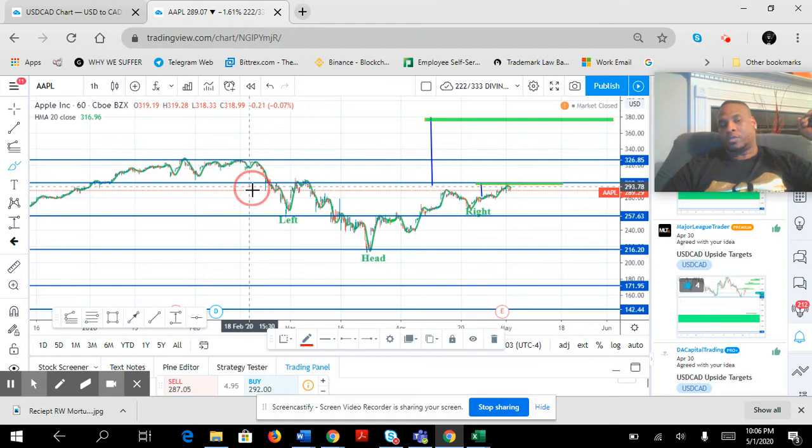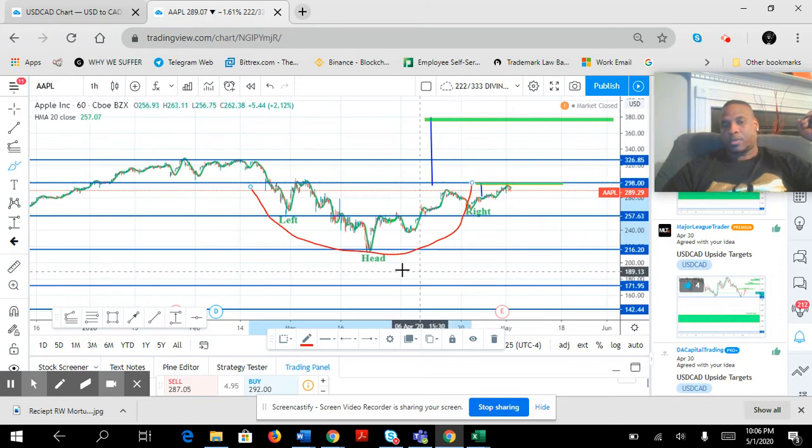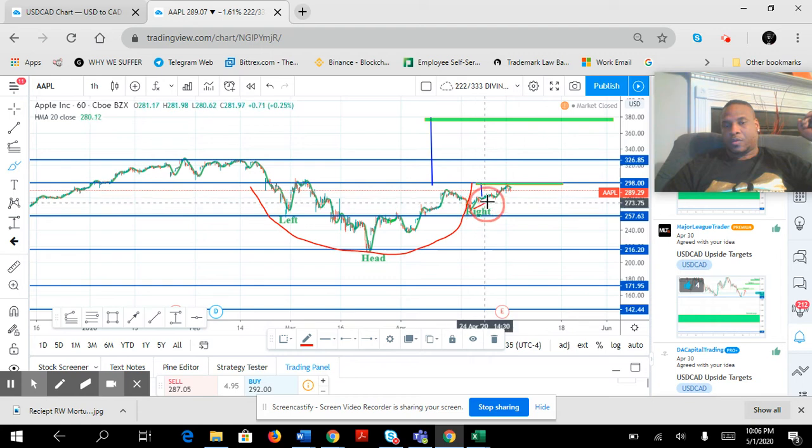So this is a cup. And what is this? A handle. It's the handle.